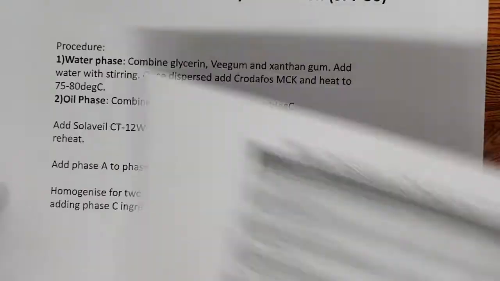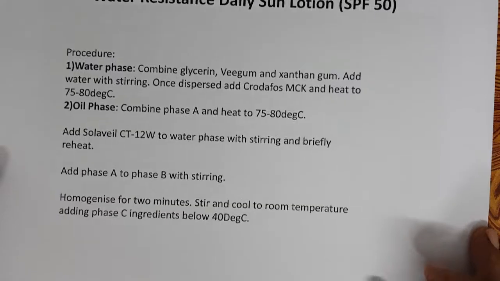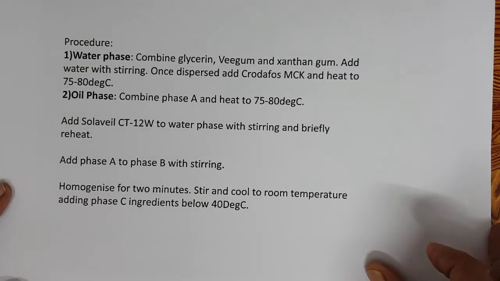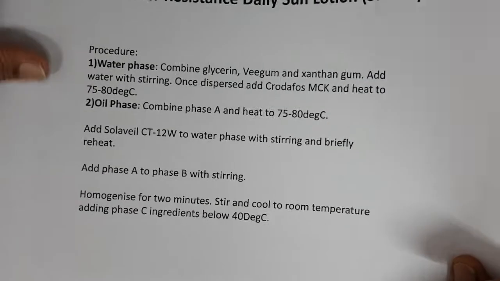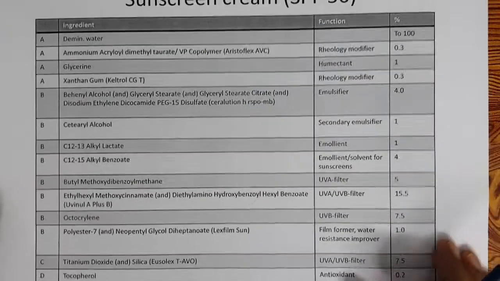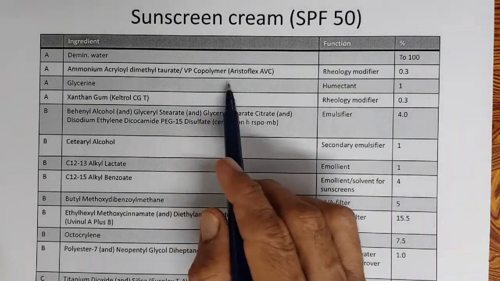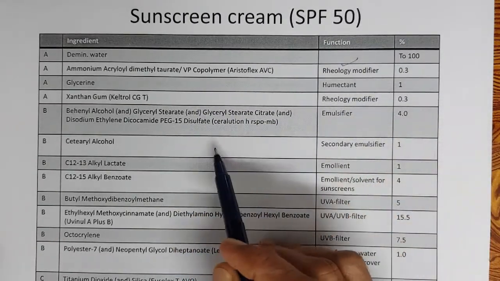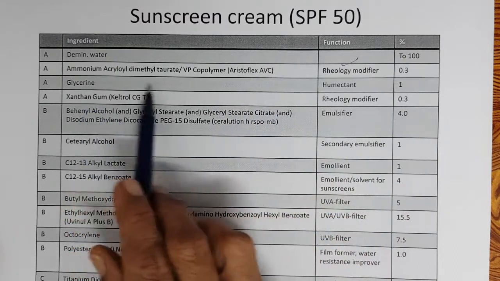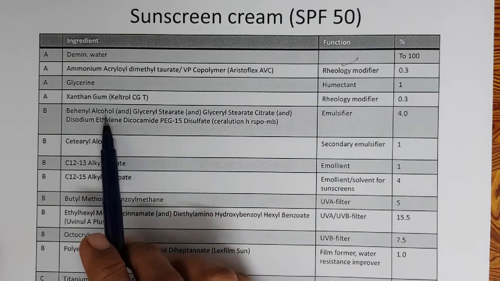So this is the formula. For your reference, you can have this method of preparation, right? You can see that, right? This is a cream, SPF 50 cream, right? Example, again, this is a rheology modifier, Aristoflex ABC, glycerin humectant, xanthan gum is used here, rheology modifier.